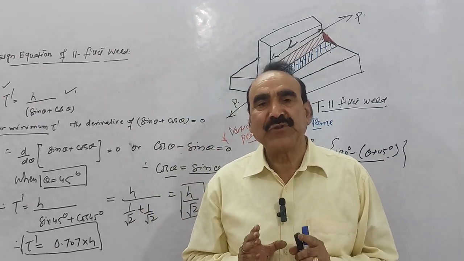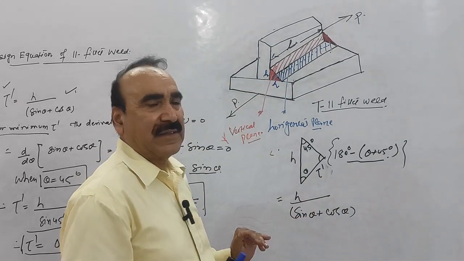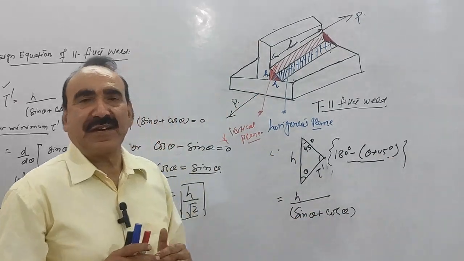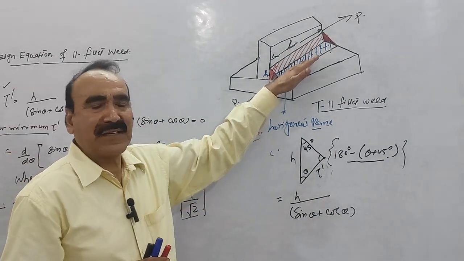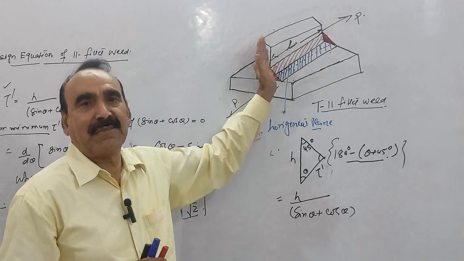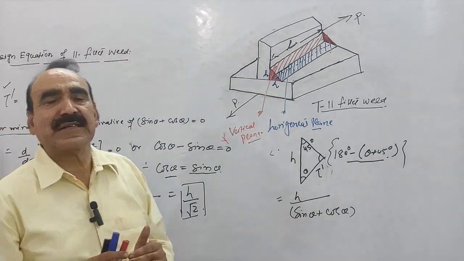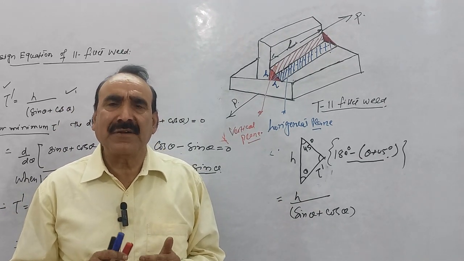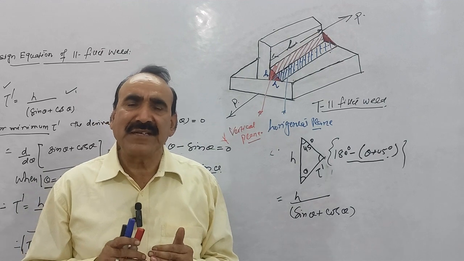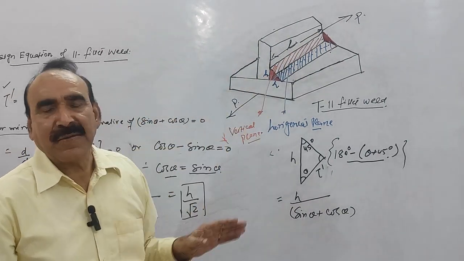In that case, when the force T is applied like this, you will see there are different types of planes: one horizontal plane, one vertical plane in the belt, and an infinite number of planes at various angles between the horizontal and vertical.